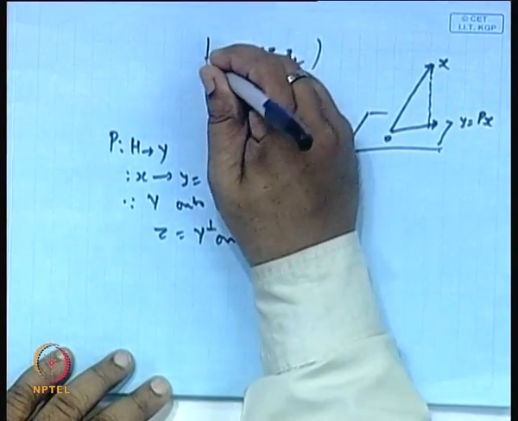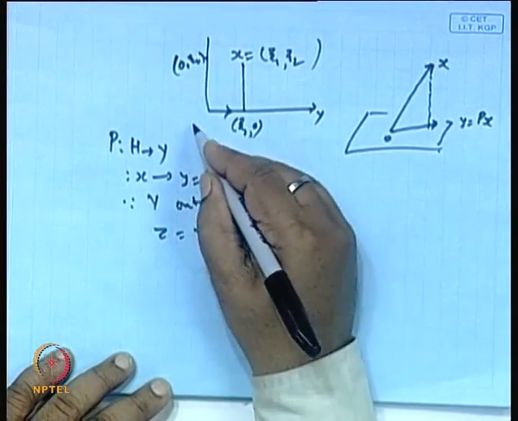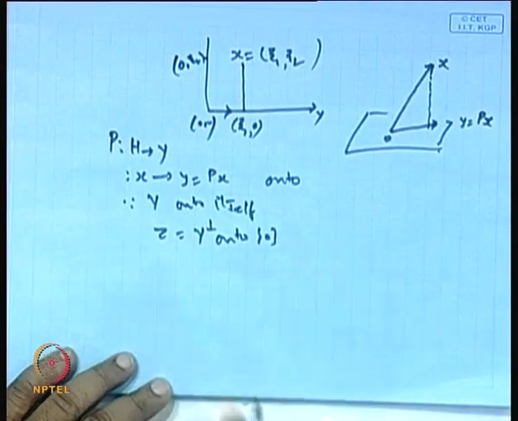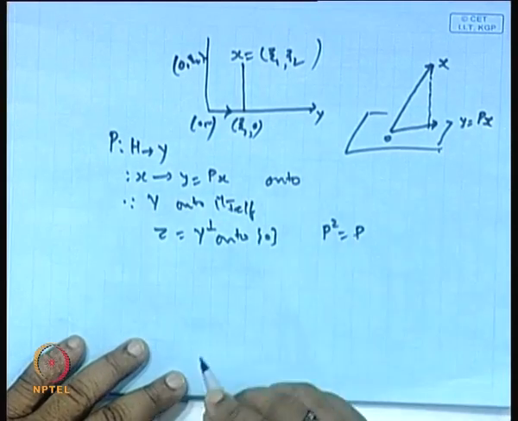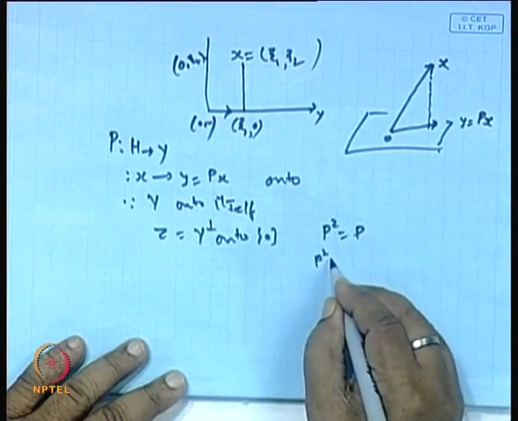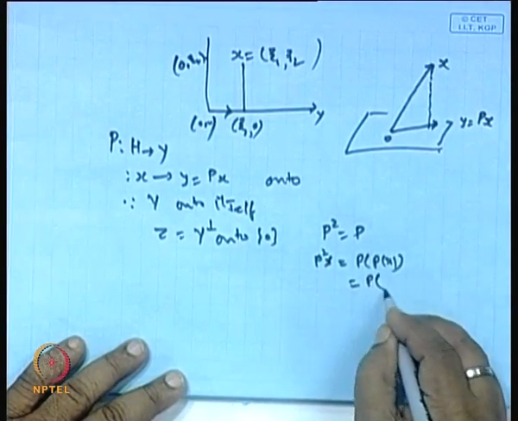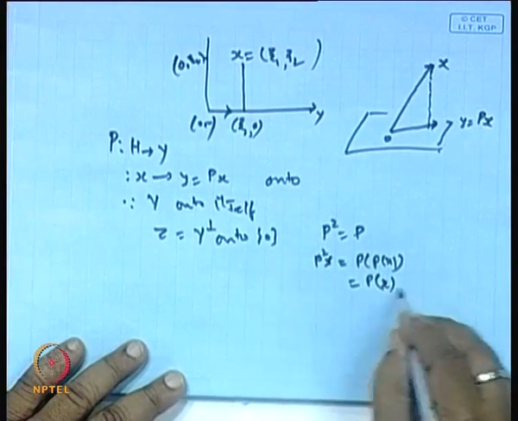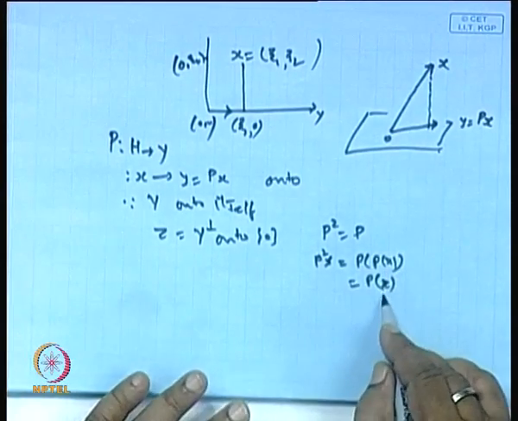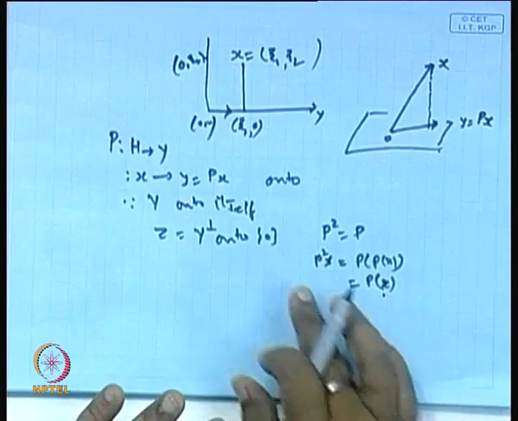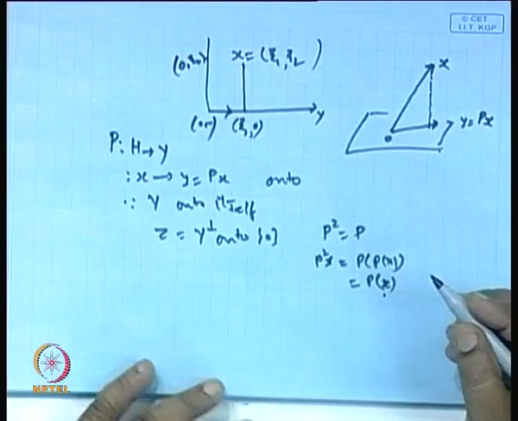If I take the point here, the projection is (0, xi2), so it will be (0, 0). It means P squared becomes P, because P squared x is equal to P of Px, and Px is again Px. So, P squared becomes P, that is, it is an idempotent operator, a bounded idempotent operator.